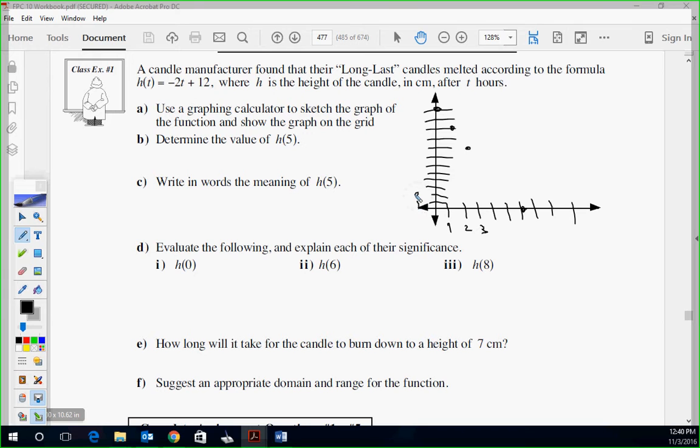I went by ones for my table, and then I'm going to draw my line here. So that's what the line would look like.